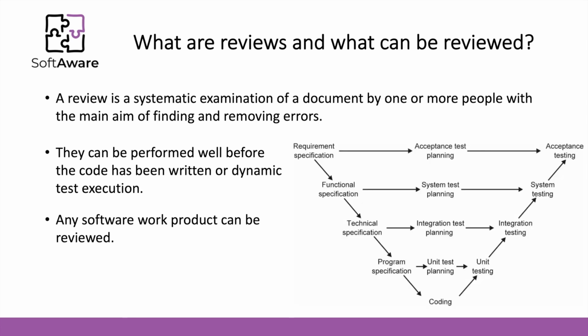There are different levels of review, from very informal through very formal. They all have their benefits and should be used throughout the software development lifecycle. Any software product can be reviewed. So, requirements and design specs, and any other type of design documentation can also be reviewed, such as data flow diagrams and entity relationship diagrams.